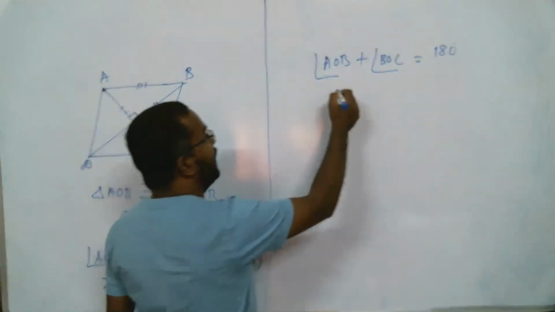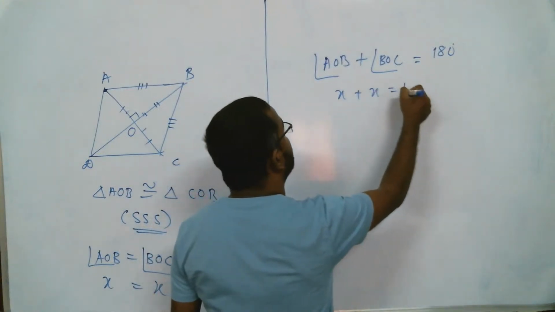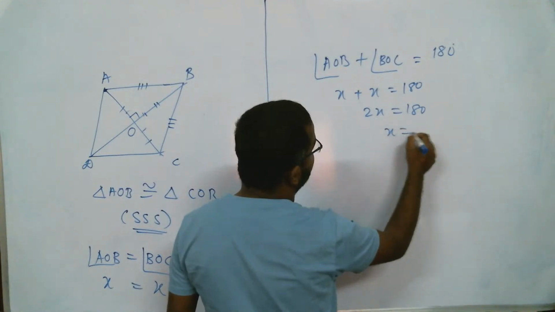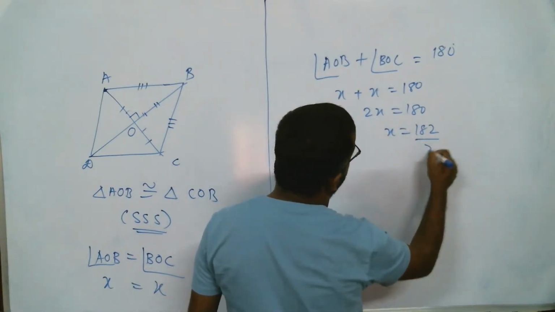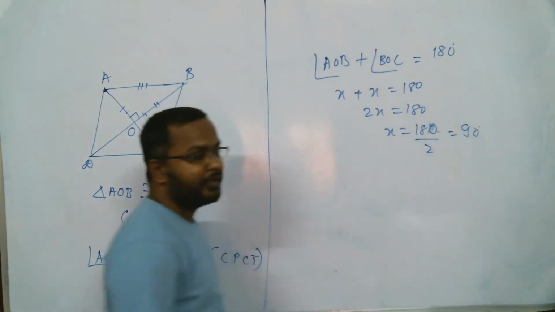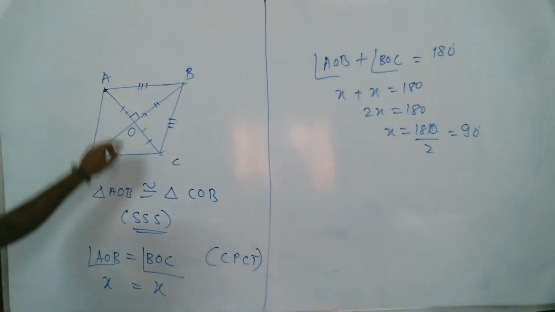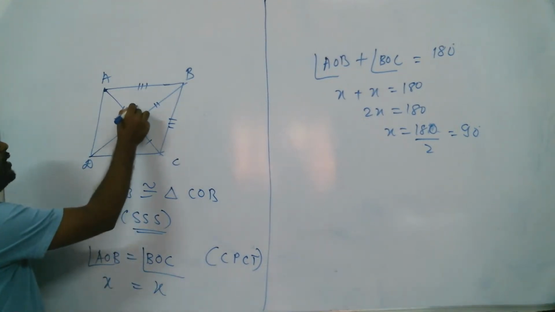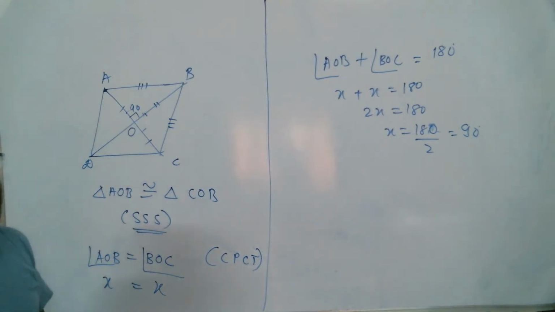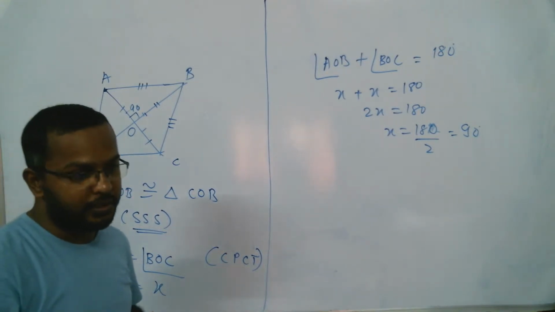So x plus x is equal to 180, then 2x is equal to 180, then x is equal to 180 divided by 2. So you get the value of x as 90 degrees. So how much is this angle? You are getting it as 90 degrees. Then this is also 90, all angles are 90. So this is what we had to prove: the diagonals of a rhombus are perpendicular bisectors of each other.